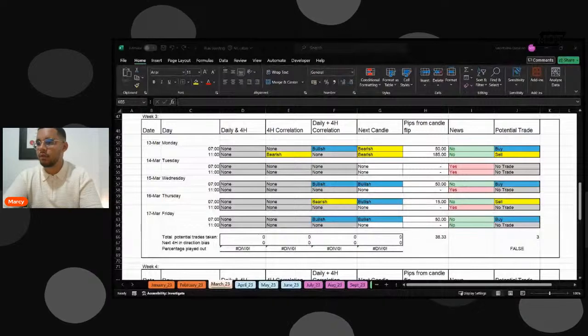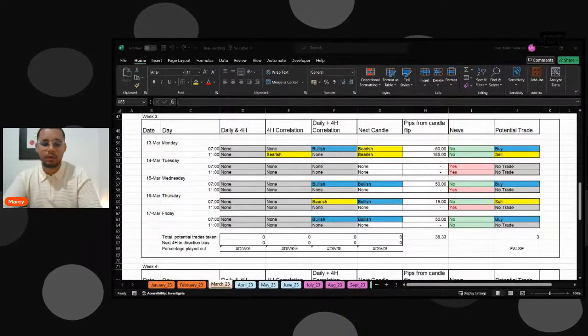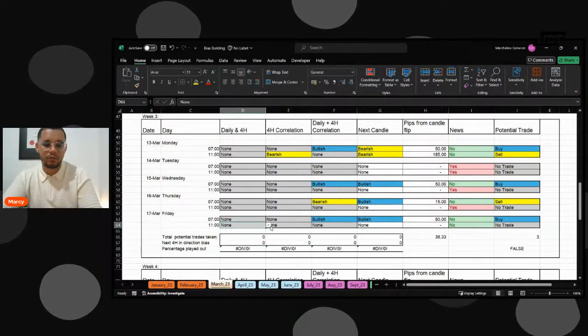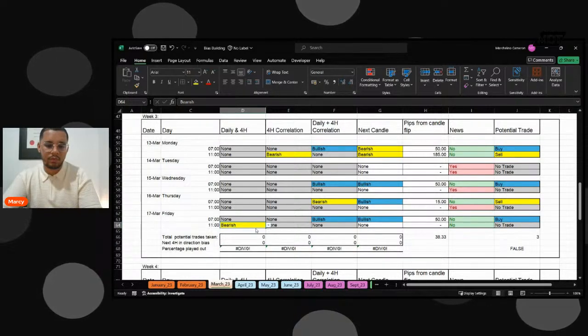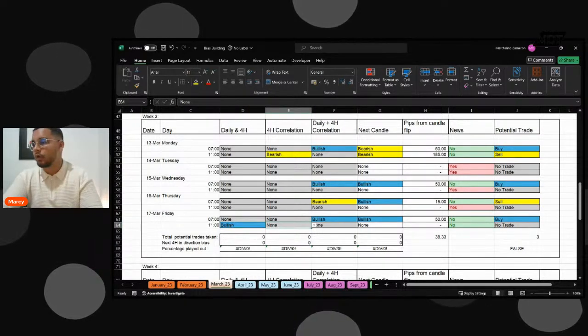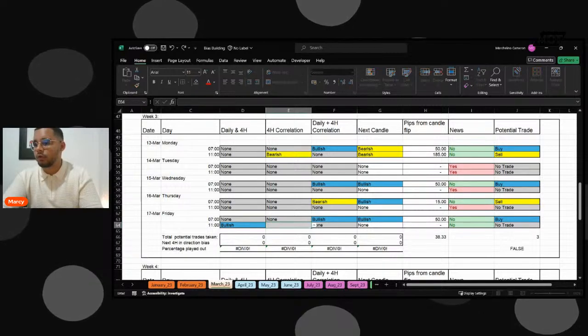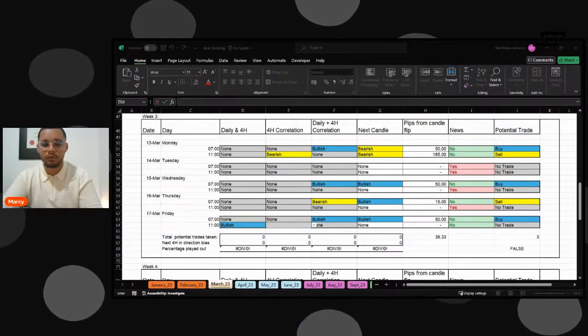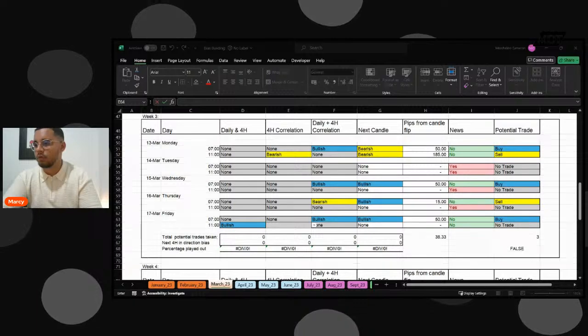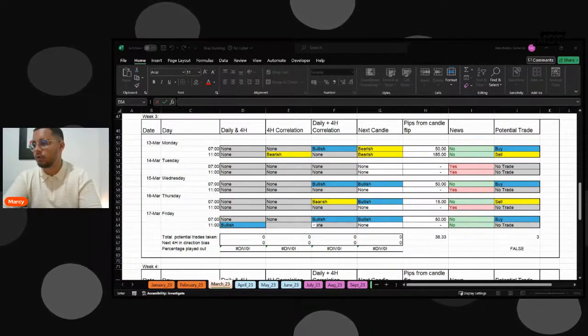Next candle, bullish. So we know we have daily and 4H there too. Bullish. Let's see 4H correlation across the pairs. We need to move this to 7 o'clock.